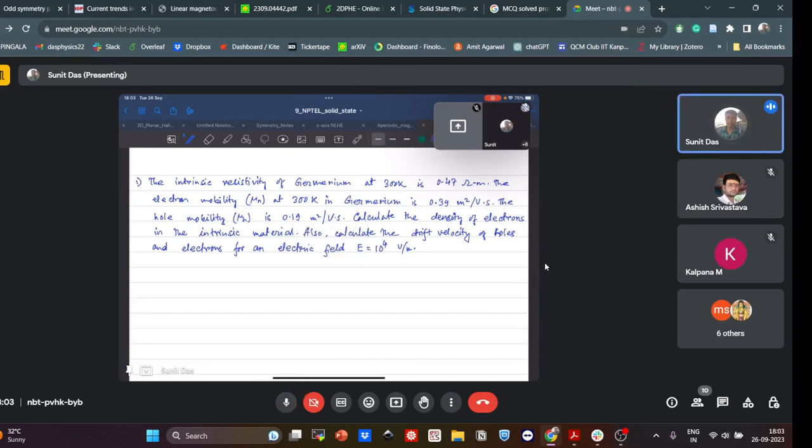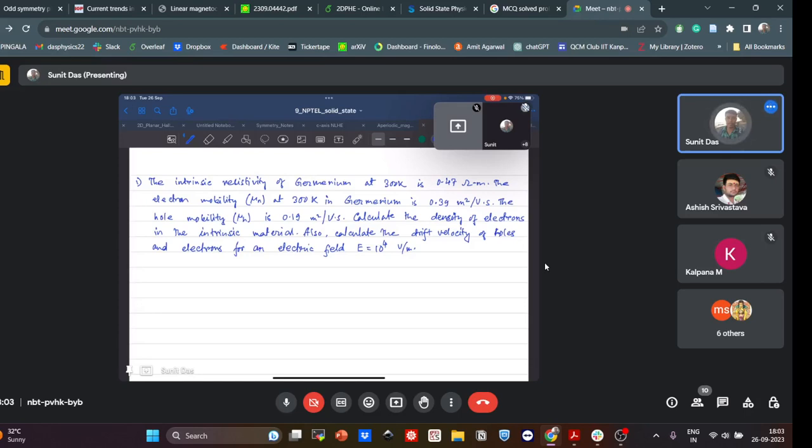So the first problem is we need to find intrinsic resistivity. The intrinsic resistivity of germanium at 300 Kelvin is given as 0.47 ohm meter, and the electron mobility and also the hole mobility is given at the same temperature.